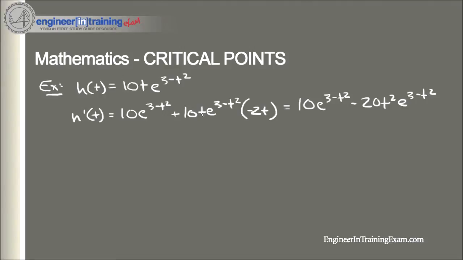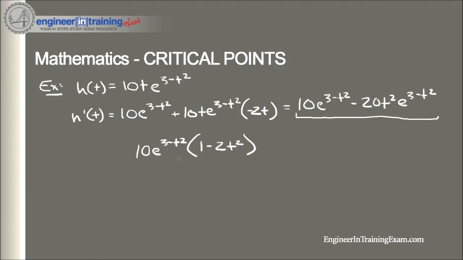So we can factor this down a little bit. Let's just pull 10 e to the 3 minus t squared out, which gives us 1 minus 2t squared inside.